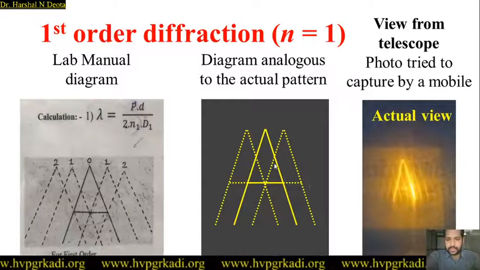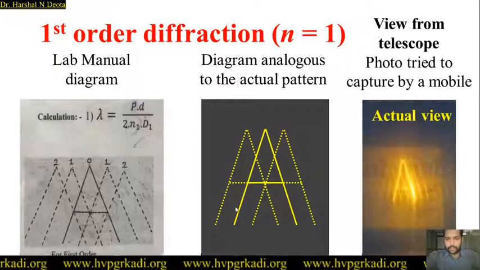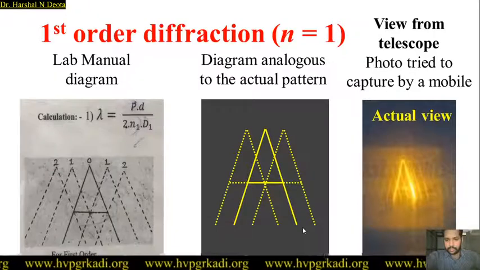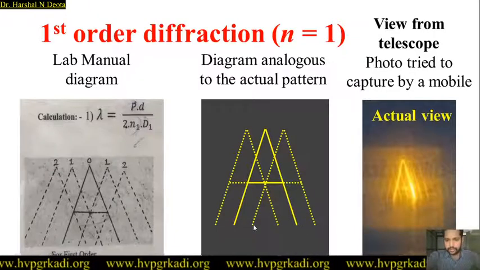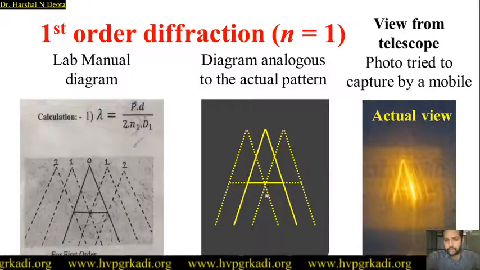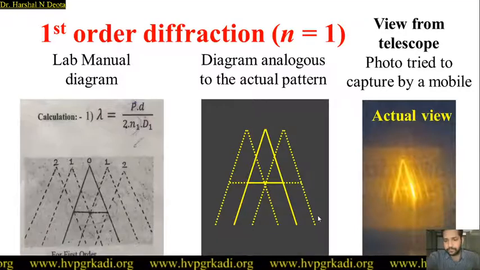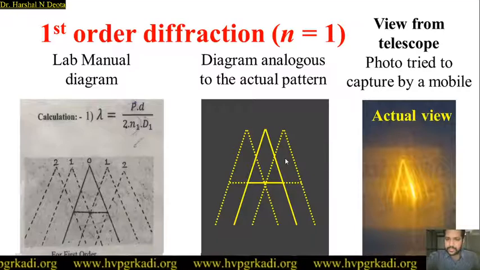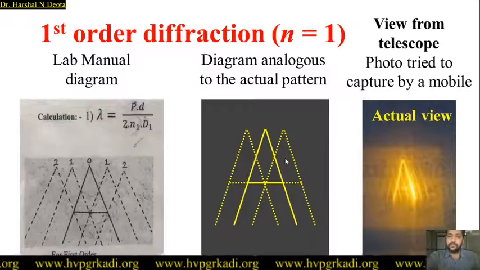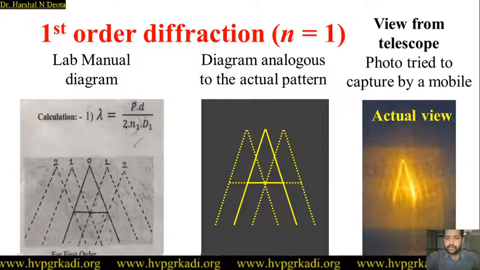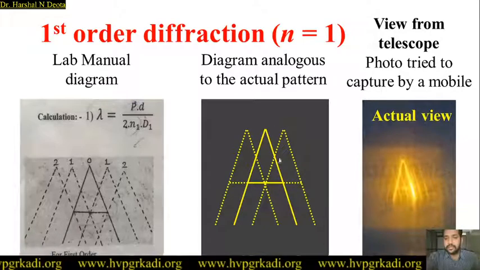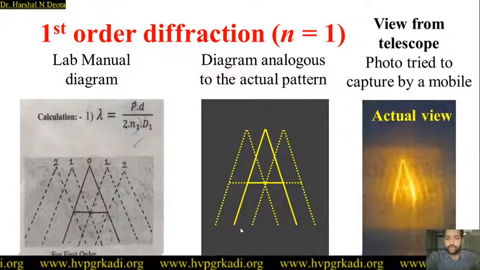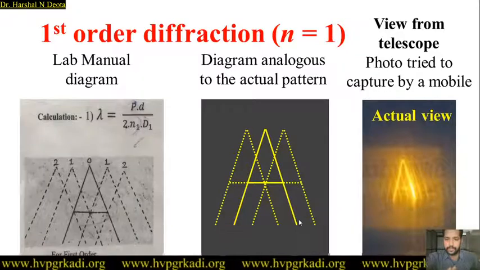Since the background is black and your light is yellow, I have chosen the color yellow here. Of course, you need to understand that you will not observe any dotted lines from the telescope, right? You will only observe these dark lines. But why have I kept these lines as dotted? This is just to differentiate the first order or the second order from the original 0th order, right?